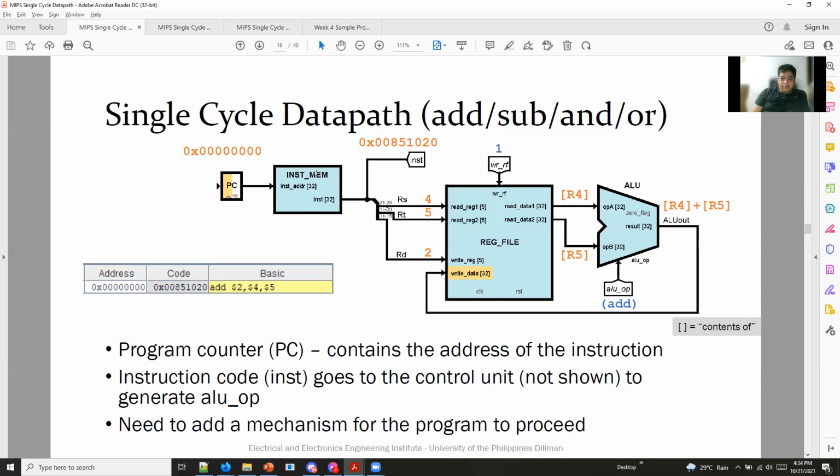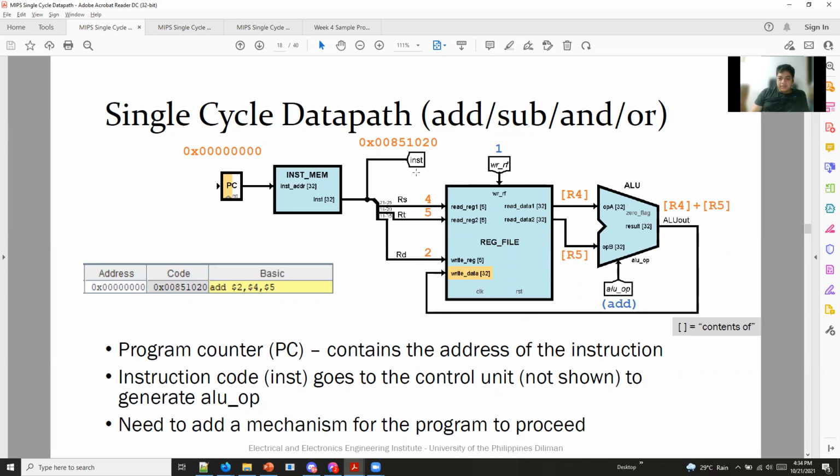So ito yung sa step 1, pagbabasa sa memory. Step 2, yung decoding. And then step 3 dito, lalabas na yung data na pinasok natin sa address or sa read reg dito. And lalabas sila dito papunta sa ALU natin.